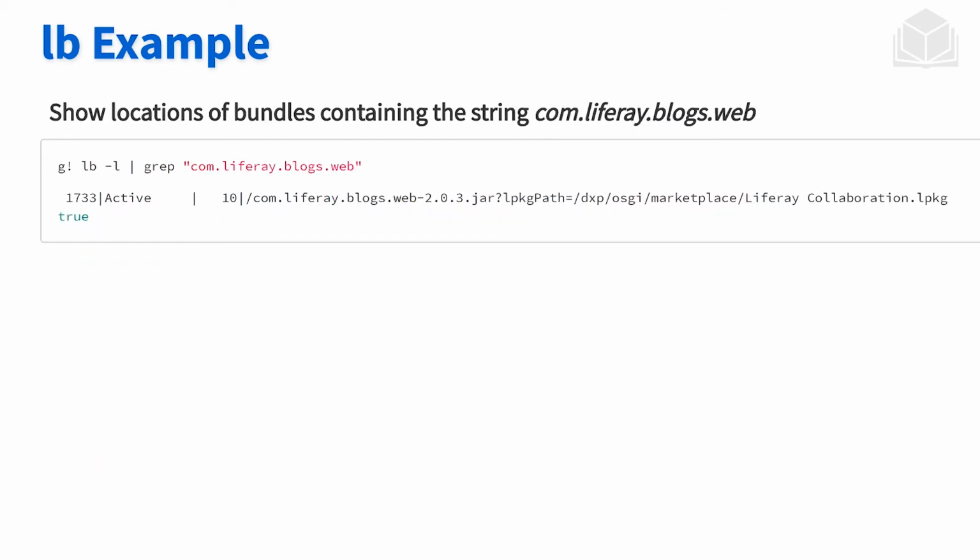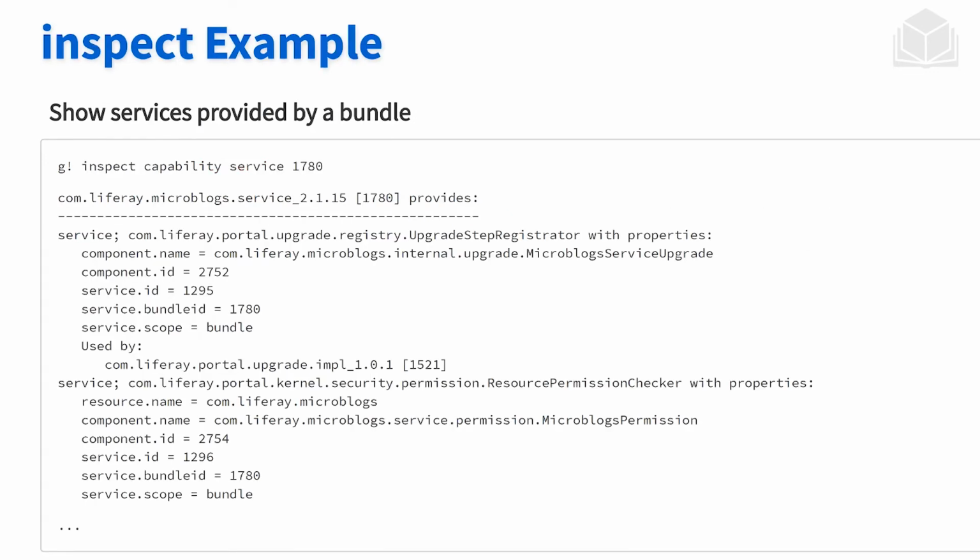Another example here, right? lb -l, pipe into grep, looking for that specific string, gives us a little bit more detail, as well as the package path of where that specific jar or that specific OSGi bundle exists. Inspect is also kind of a nifty one as well. This allows us to inspect or take a look at the service that exists or the services that exist within a specific bundle.